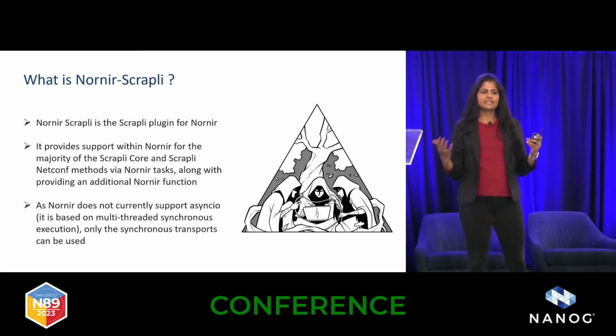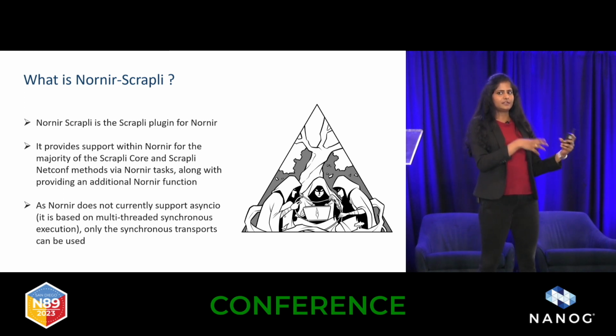Nornir provides the inventory management feature where you can keep all the network device information in a file in an inventory folder, and then you have a config file which reads all those inventory details and executes the tasks on those devices.